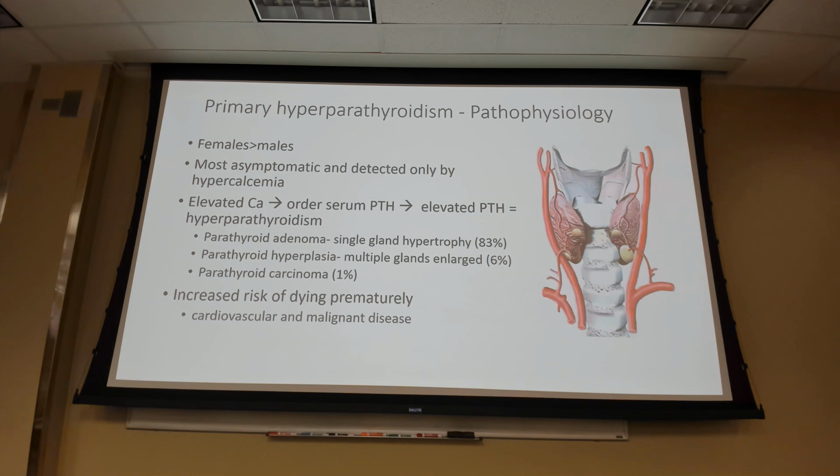Then we have to figure out whether it's a carcinoma versus adenoma versus hyperplasia. They do have increased risk of cardiovascular effects and malignant disease. And we'll talk about multiple endocrine neoplasia 1, which is more commonly associated with hyperparathyroidism.